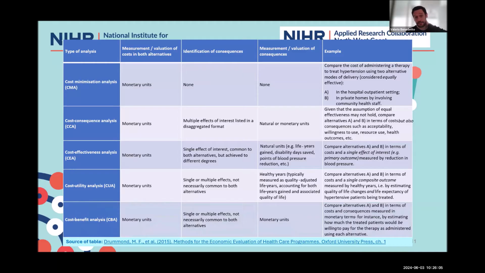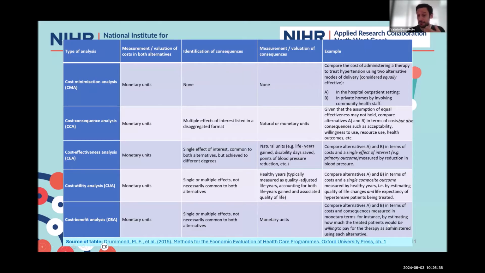Finally, another quite common economic evaluation is the cost benefit analysis, where instead we are trying to monetize everything. So not only the cost, which of course would be natural to monetize, but also the outcomes. For example, we might try to give a monetary value to a person's life, which might sound not morally acceptable, but that's something we can possibly do.